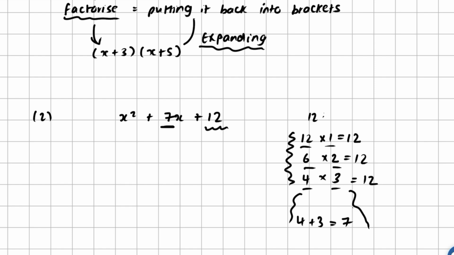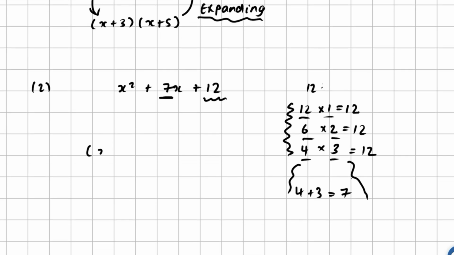So we know we're using this. So all we have to really do now is write into the brackets. So we have x plus 4 and x plus 3. And that should get you that. Now the best way to figure out if you've got it right is just by expanding it out again.